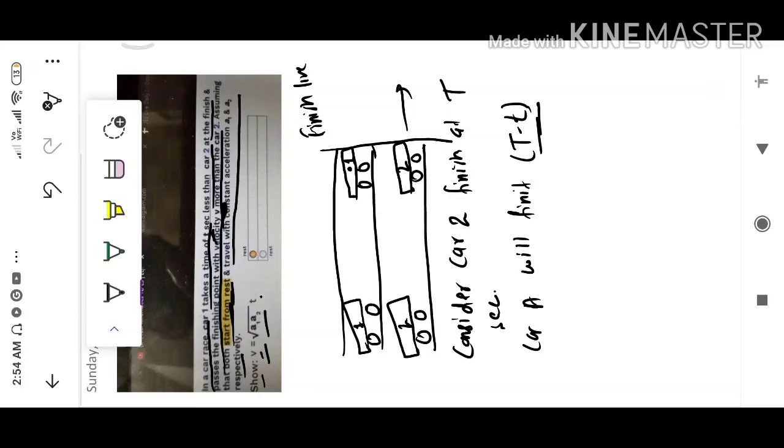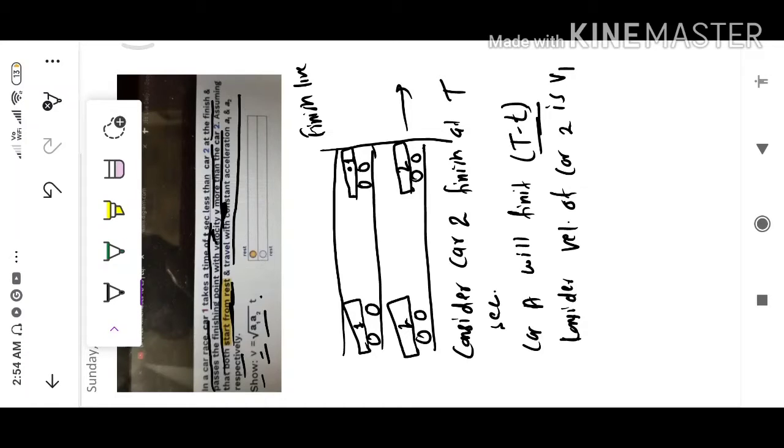And let's write for velocity. What is given? Velocity v more than car 2. So let's assume the velocity of car 2 is v1.